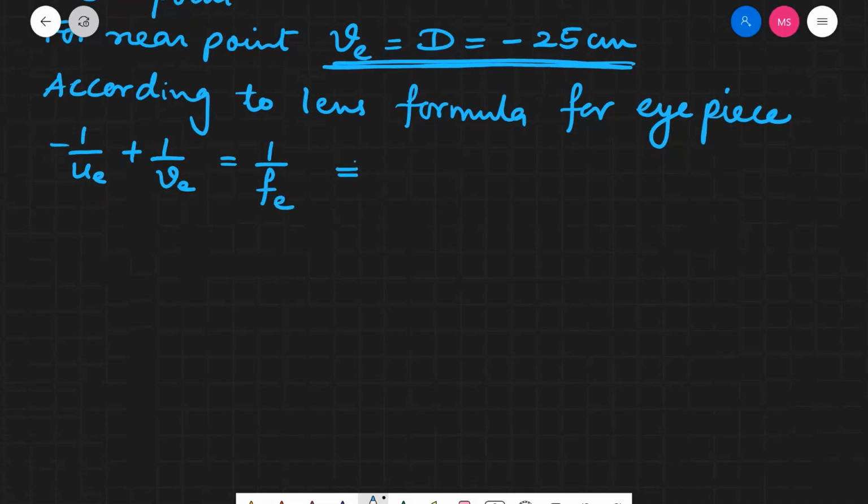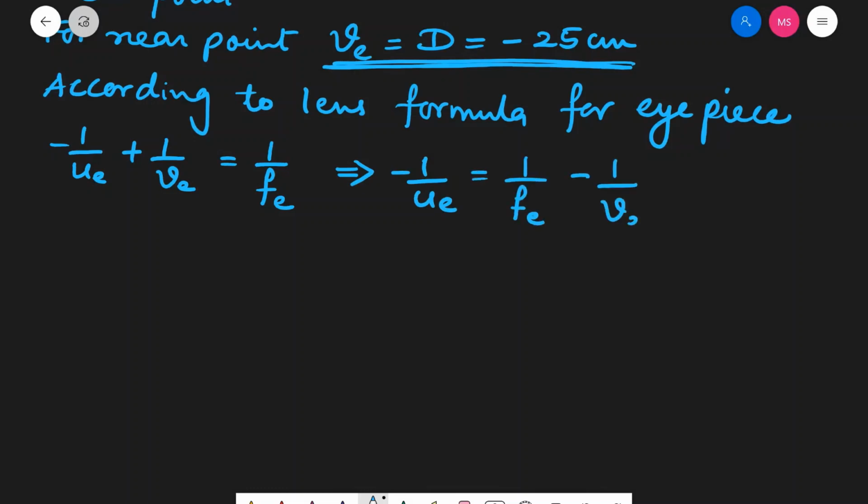So minus 1 by UE will be equal to 1 by FE minus 1 by VE. Therefore minus 1 by UE will be equal to 1 by 6.25, the focal length of the eyepiece, minus 1 by minus 25.